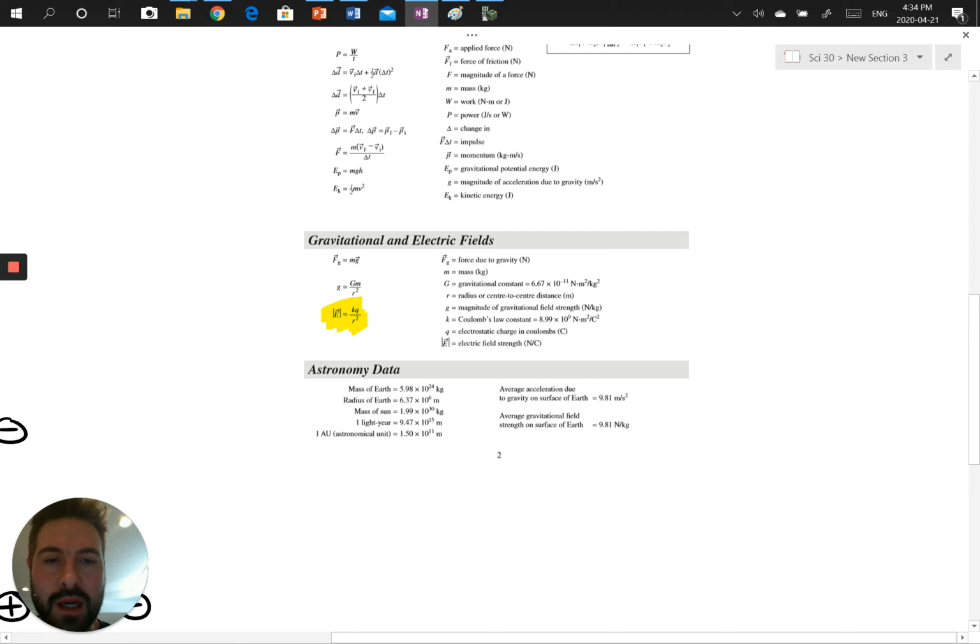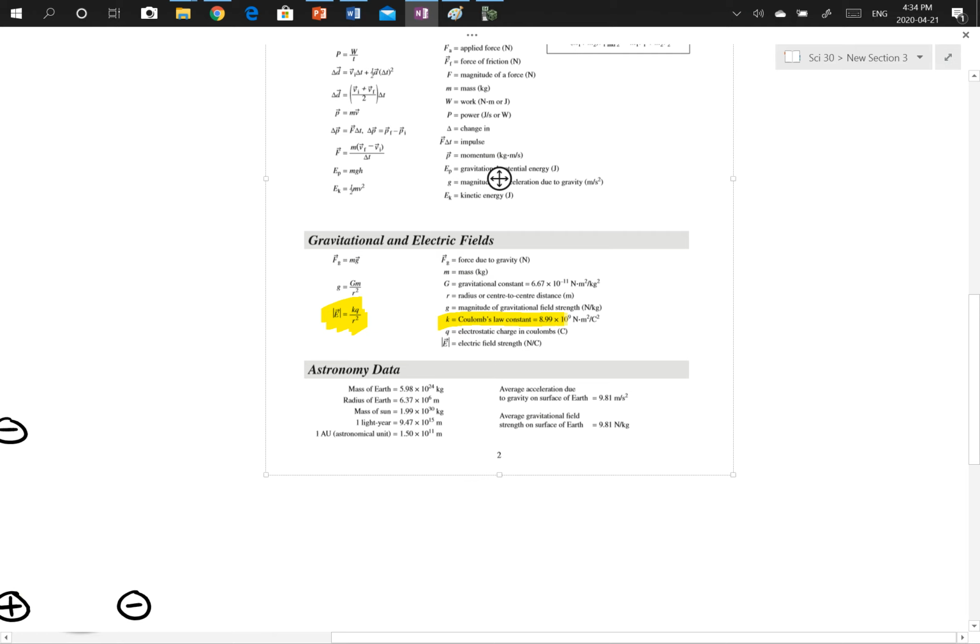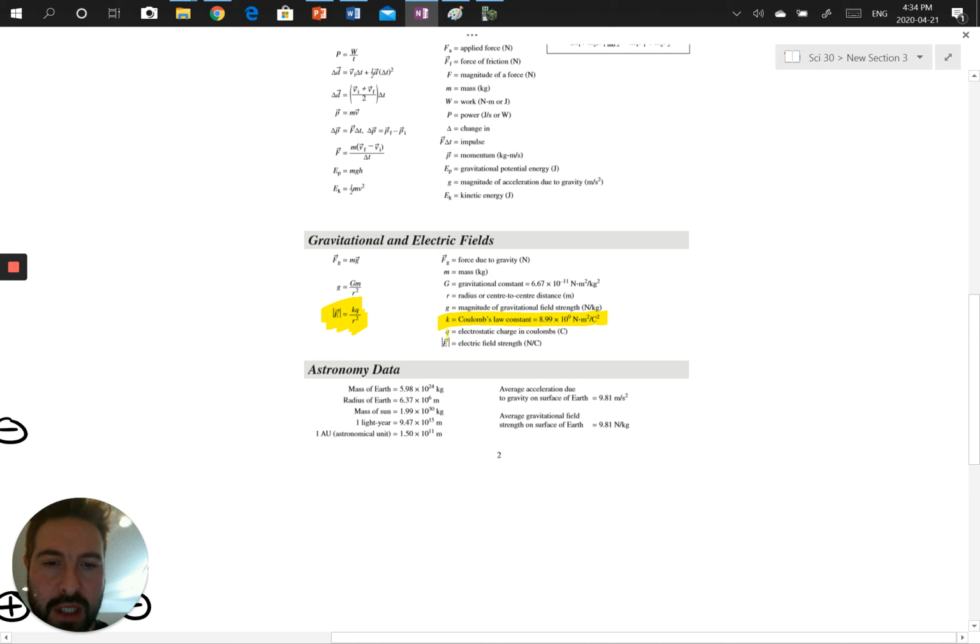Anytime we get an electric field strength value, we can just put it as a positive term. We're going to have a constant like we did with gravitational fields, the charge, and the electric field strength. And from the last formula, same thing, we have R, our separation distance between objects.